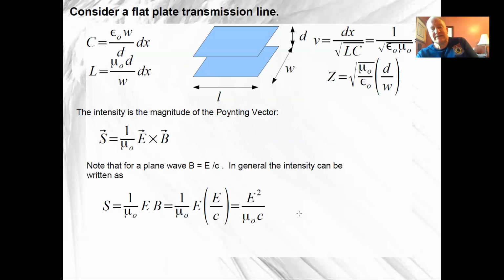We can also write this as E squared. So S is equal to 1 over mu naught E times B, where E is the electric field and B is the magnetic field. But B is equal to E over C, so we end up with E squared over mu naught C. So the magnitude of the Poynting vector is equal to the intensity.